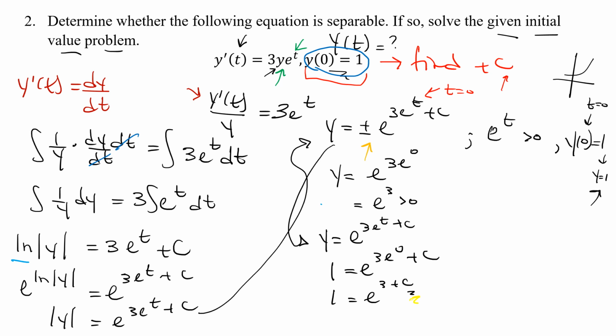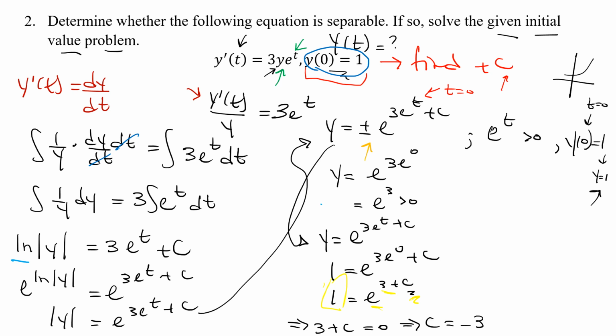Well, if we want this to be equal to 1, we know that anything raised to the 0 power is going to be 1. So that means that our 3 plus c must be equal to 0. So therefore, our c must be negative 3, okay?